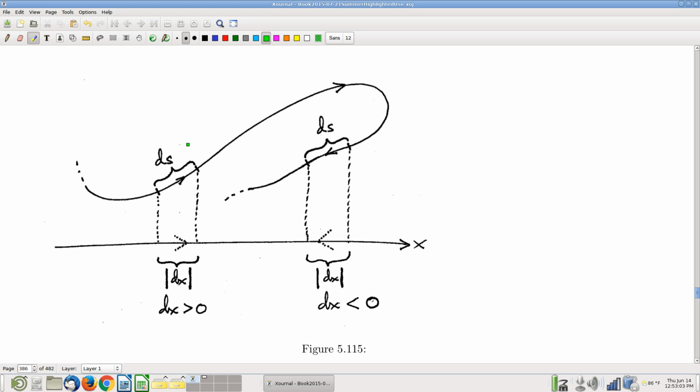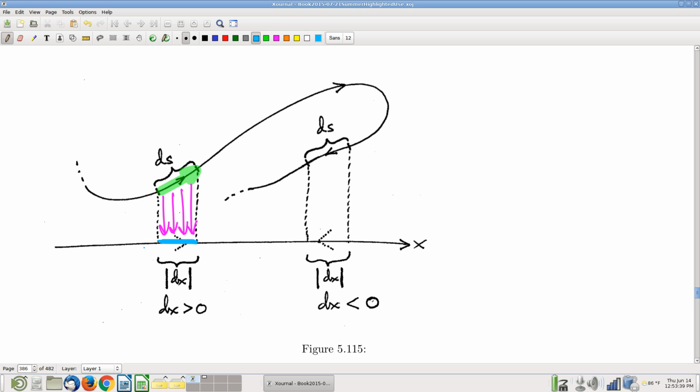Here's what I want you to think of. As you move along a piece of curve, that piece of curve, if you were to project down to the x-axis, the shadow, if you will, of that piece of curve in the x-axis. Well, you have a little shadow there. There's a chunk of the x-axis.